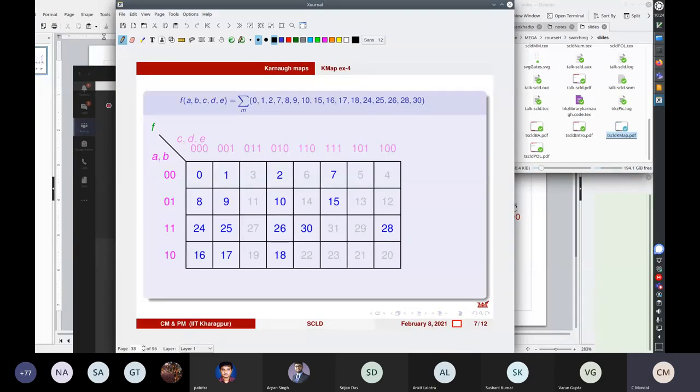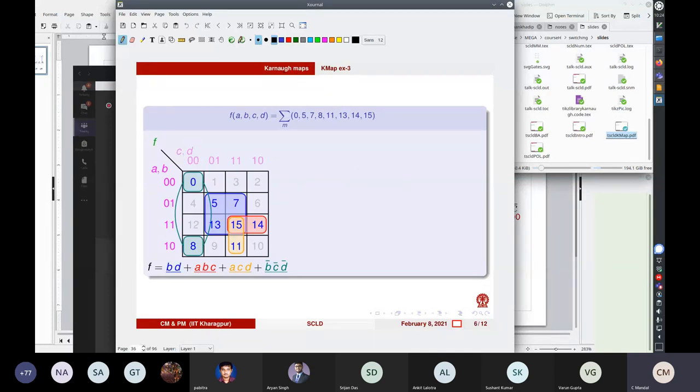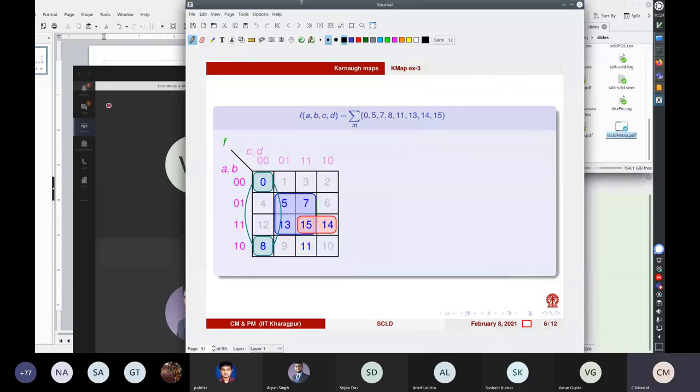Or will this be too much? Let us just see. Okay, let us look at a slide. Yeah, I think let us take this. This will be more manageable. Let us take this Carnot map. Let us take this switching function.